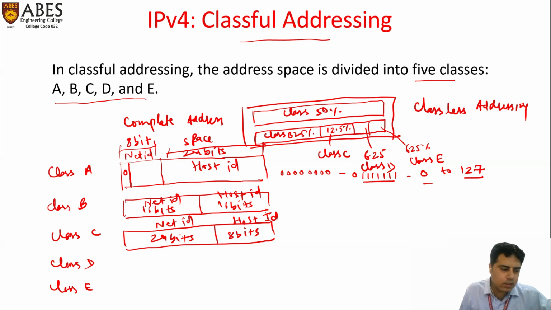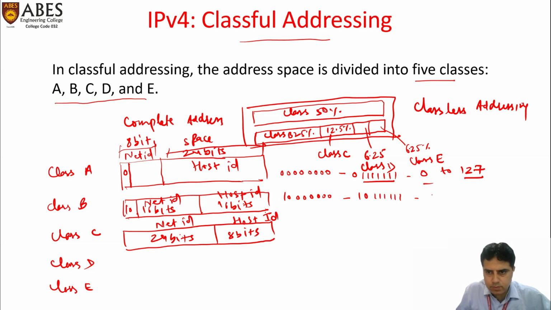For class B, the first 2 bits of the network ID are fixed, that is 10. So the minimum is 10 followed by 6 zeros, and the maximum is 10 fixed bits followed by all ones.